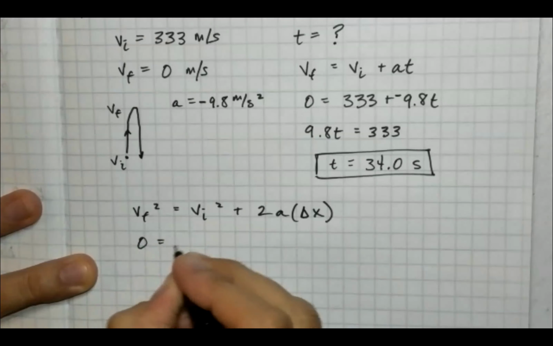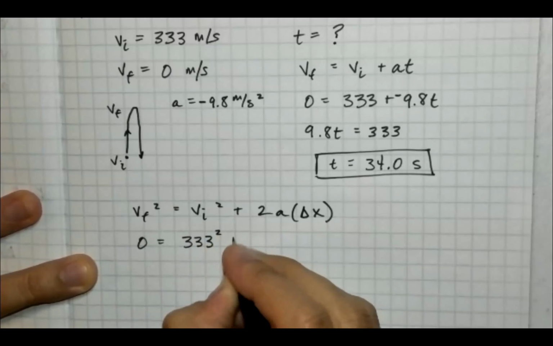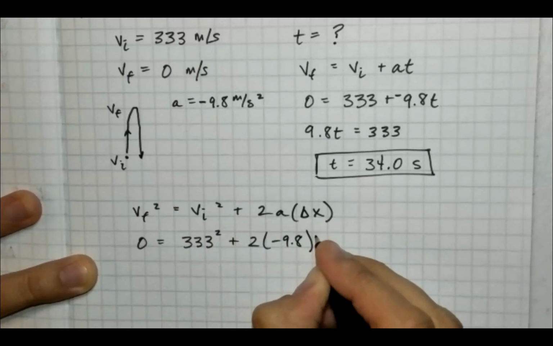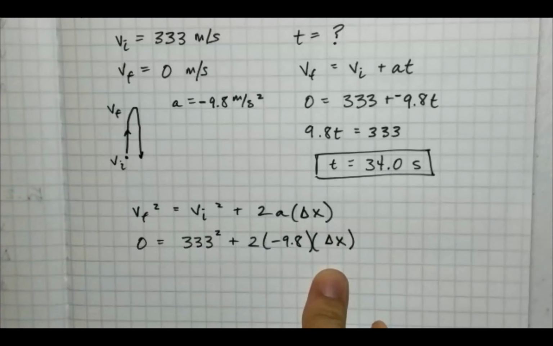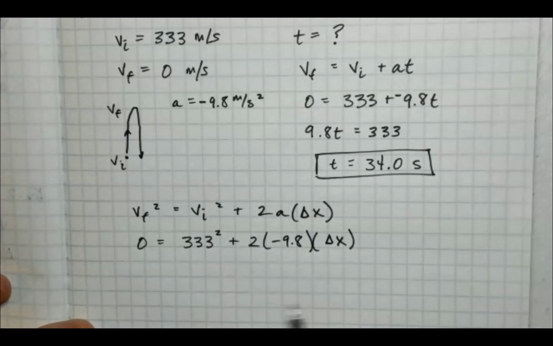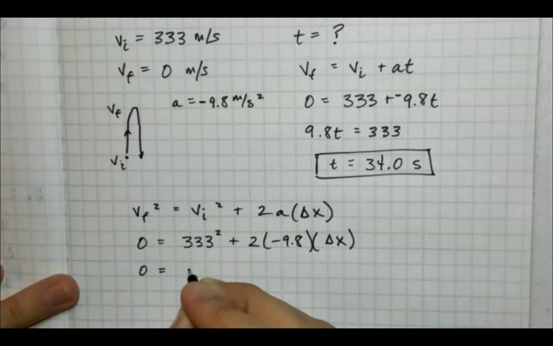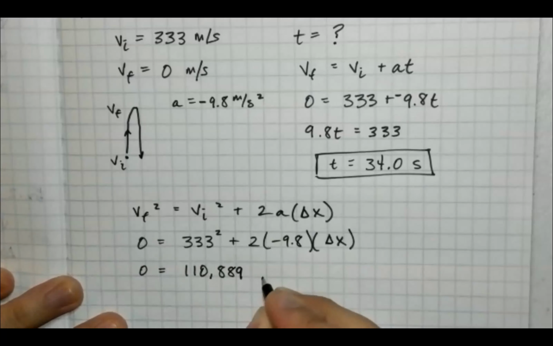My V final is 0. My V initial is 333. And I'm curious, what is my distance? How far does the bullet go up into the air? The first thing I'm going to do to figure out is the square of 333. That's really large. The square of 333 is 110,889.